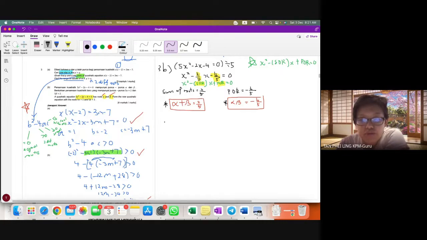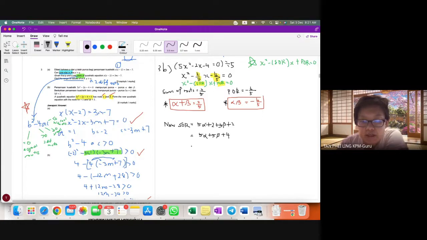So our new SOR will be taking the sum, which is 5 alpha plus 2 plus 5 beta plus 2. Rearranging, we get 5 alpha plus 5 beta plus 4.